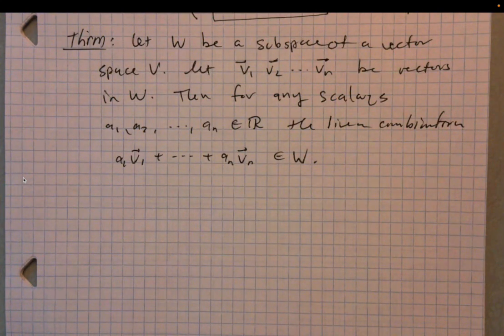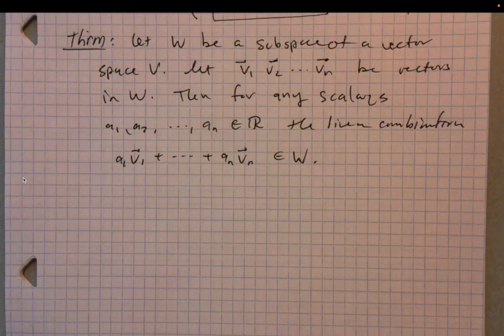Okay. Now, this might seem obvious because what is this? This is just scalar multiplication and vector addition being performed on vectors in W. So doesn't the definition of a subspace get you this automatically?